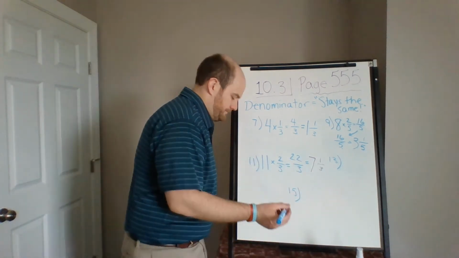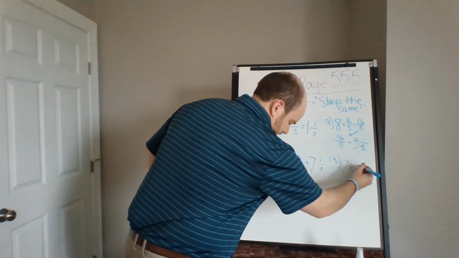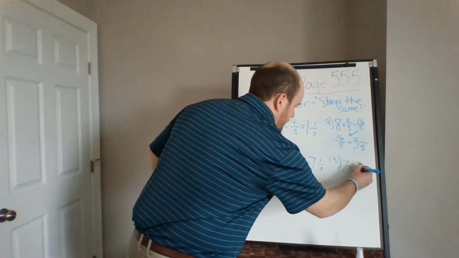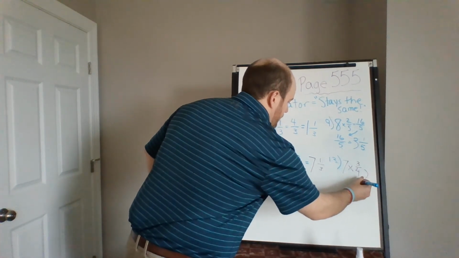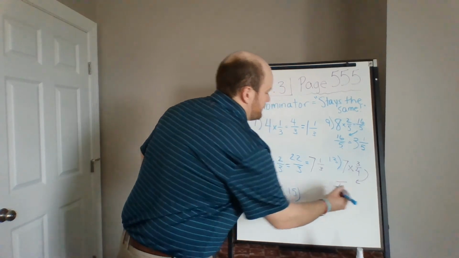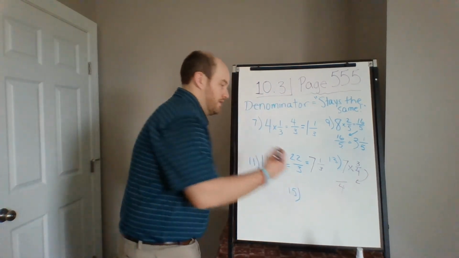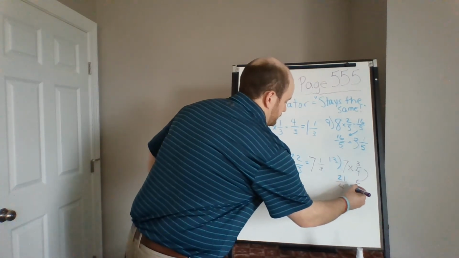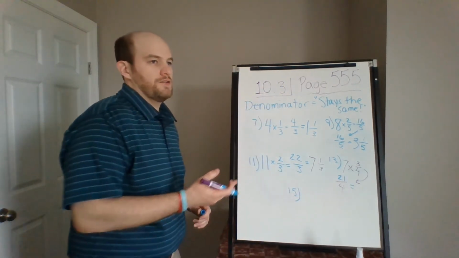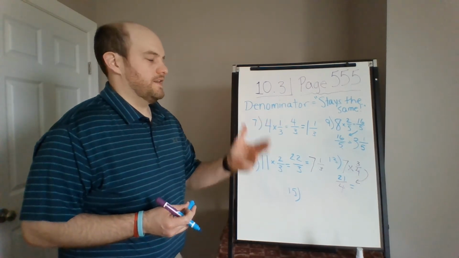Okay, 13 is 7 times 3/4. Okay, I'll work on it down here so you have some room. Okay, my 4 stays the same. What's 7 times 3? We just went over it. 7 times 3 is 21. How many times can 4 go into 21? 4, 8, 12, 16, 20.